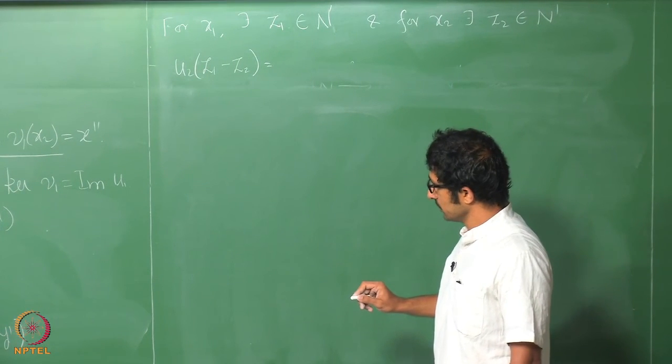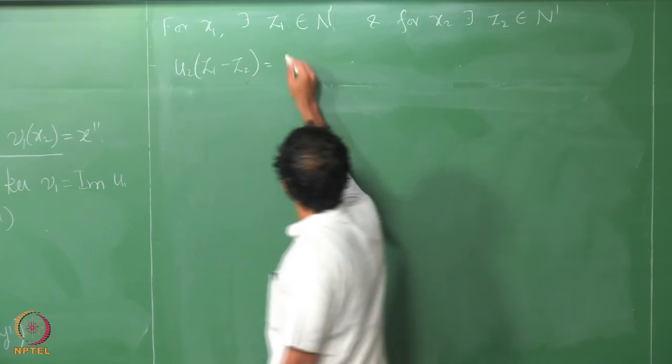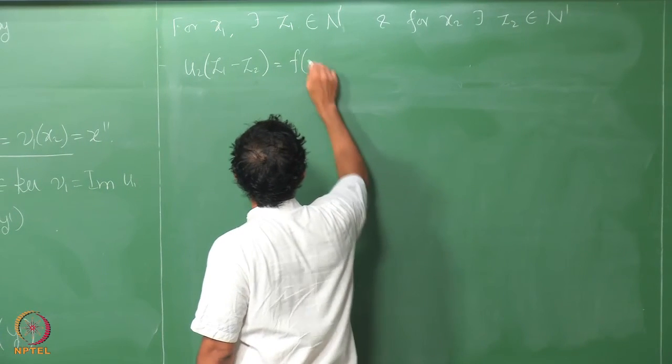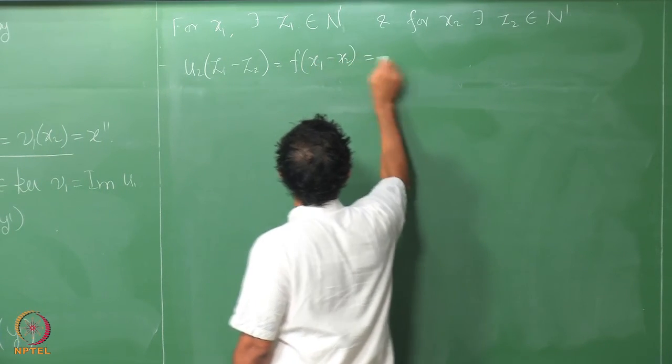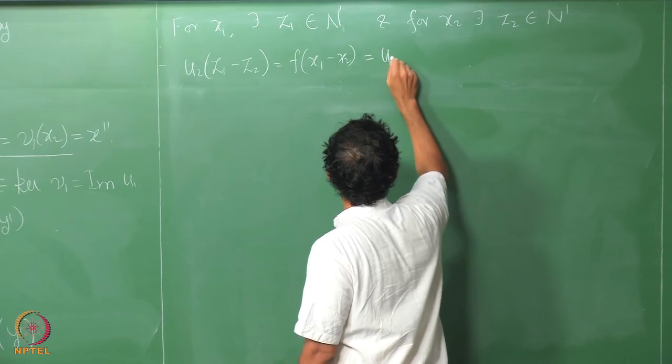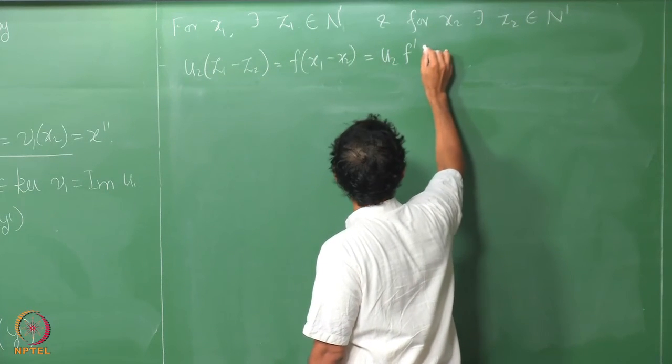This is equal to f of x1 minus x2, which is equal to u2 of f prime of y prime.